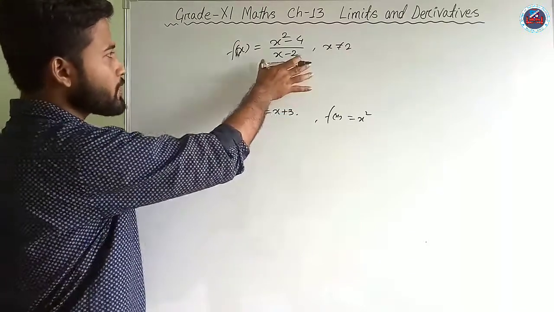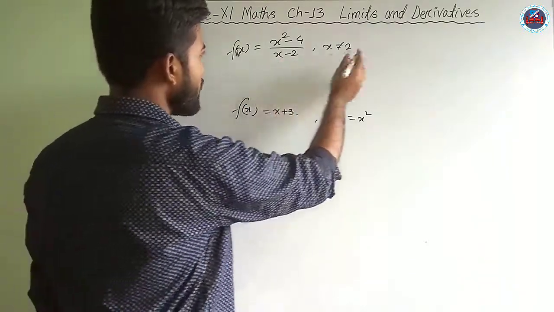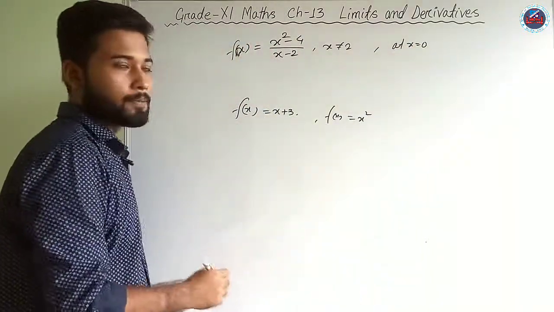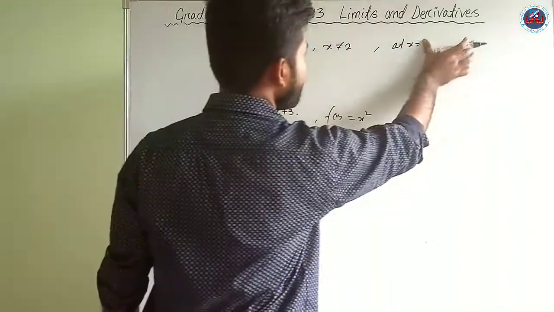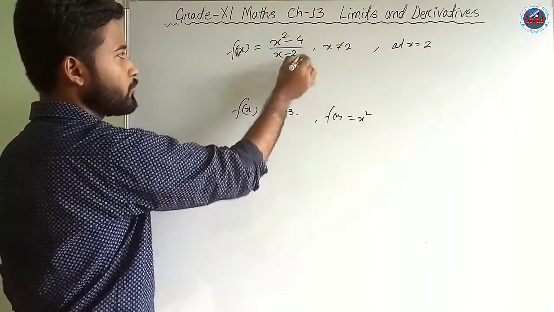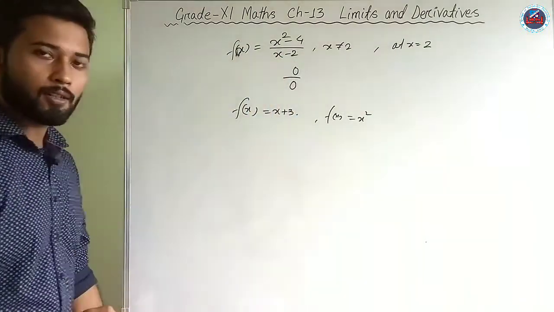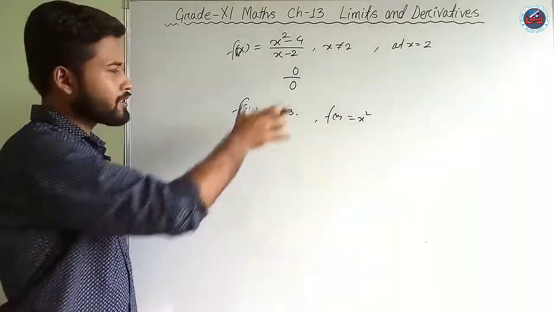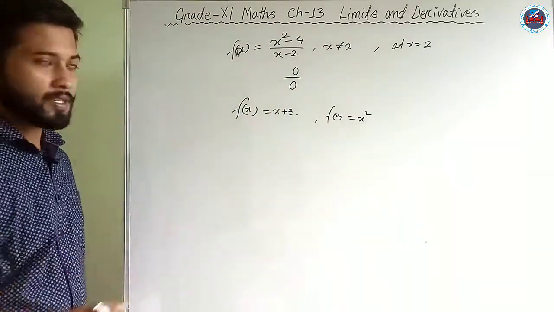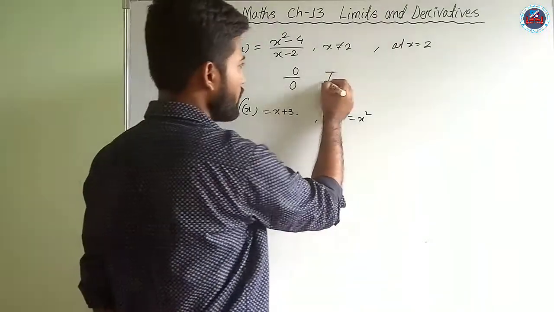But if you see this function, and I want to check it at x equal to 2, how will it be? If you put 2 here, 2 square is 4, 4 minus 4 is 0, and 2 minus 2 is 0. So this is of the form 0 by 0, isn't it? And this type of form is called an indeterminate form.